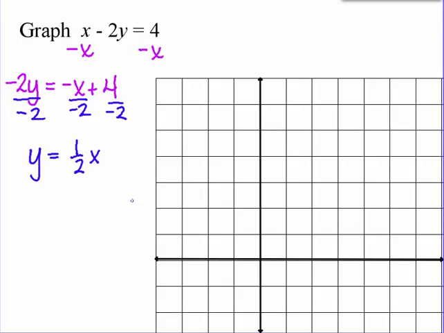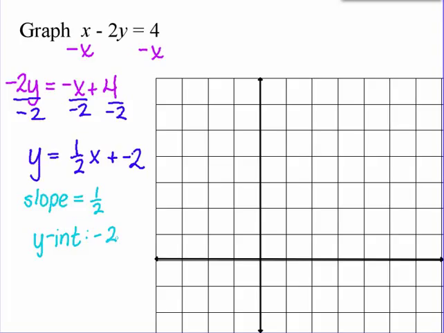Both of those negatives cancel and they give you a positive. And then you have 4 divided by negative 2, which is negative 2. So here, my slope is what? 1/2. What is my y-intercept? My y-intercept is negative 2.